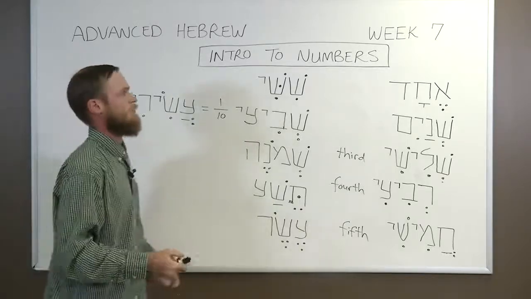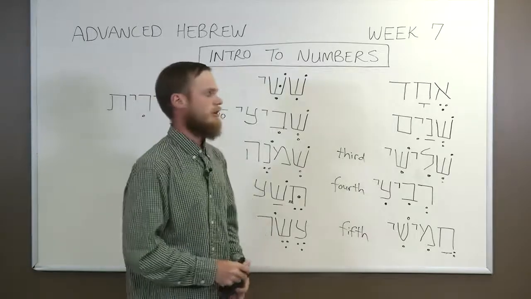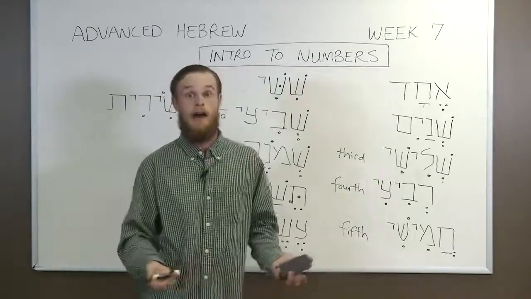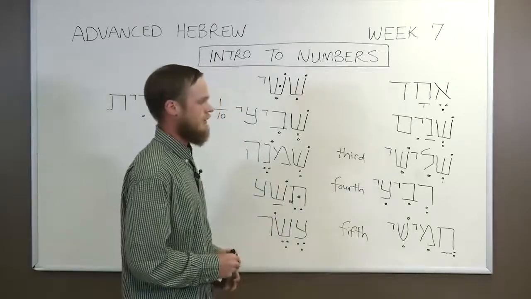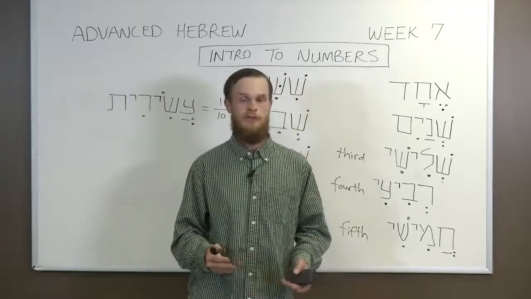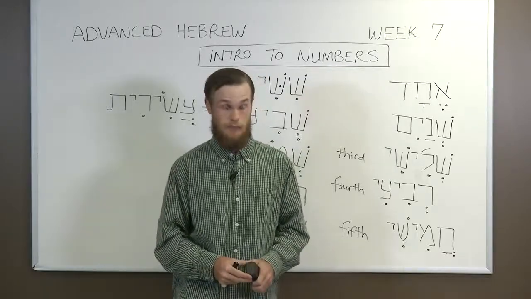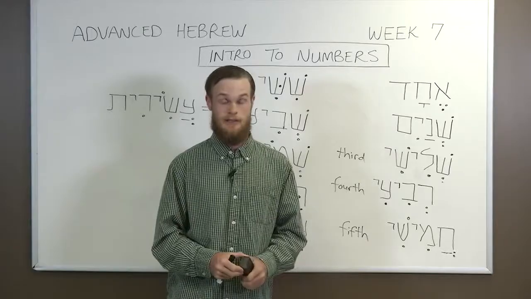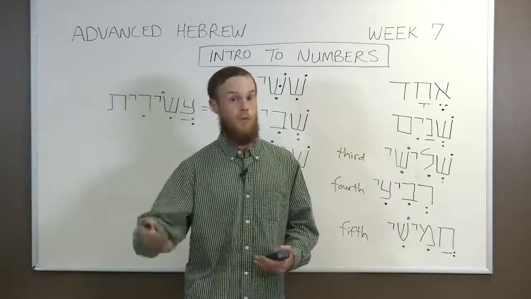Because we're counting every tenth one. So, if you're going to give, say, a tithe, a tenth of your sheep, you don't take the exact number of sheep you have and divide them into exactly tenths. If you have 77 sheep, you don't give 7 7/10 sheep as your tithe. You give 7. You give every tenth one.